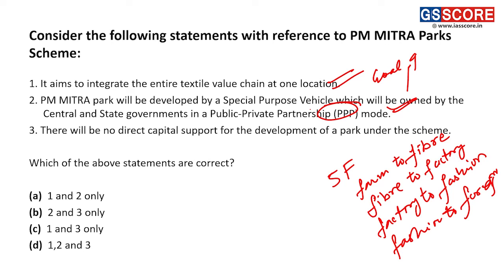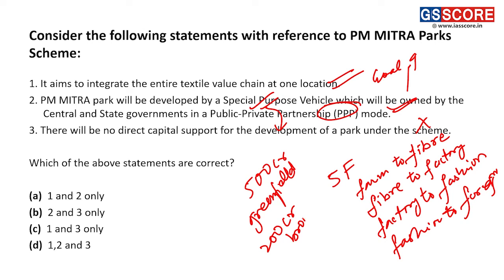Third, there will be no direct capital support for the development of the park under the scheme. Well, that is incorrect. And by the logic of the second statement itself, this becomes incorrect in the sense that the center will provide capital support for the development of common infrastructure, and rupees 500 crore for each greenfield Mitra Park and 200 crore for each brownfield Mitra Park is supposed to be provided under the scheme.